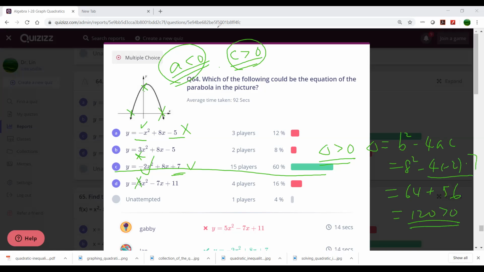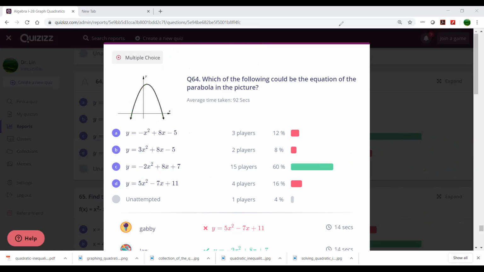It has 2 real solutions, so it has 2 x-intercepts, right? So we double confirm this result is correct. All right. Any questions? No. Good, good. Okay, so let's move to the next one.